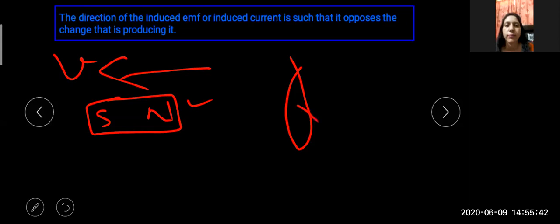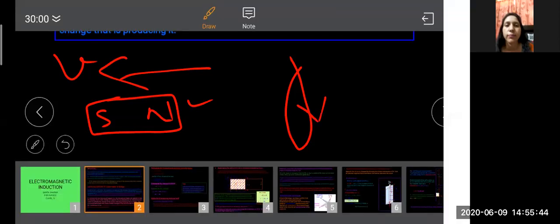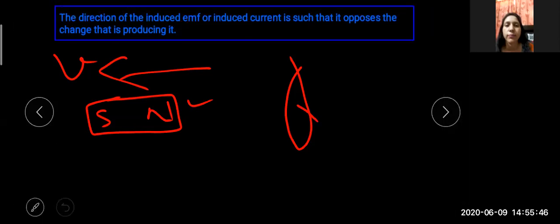So this becomes north pole and this becomes south pole. Okay, if the magnet is moved towards the left, that is away from the loop, magnetic flux through the loop decreases and induced current will flow in clockwise direction.